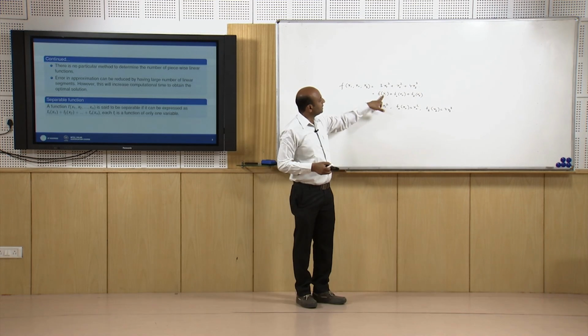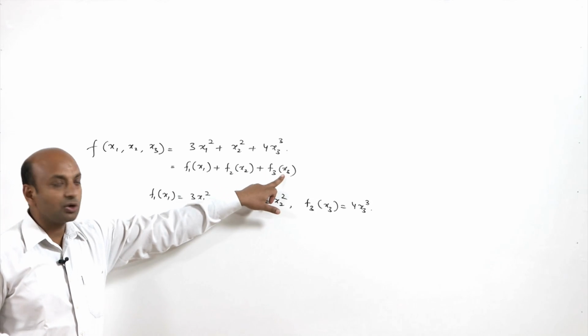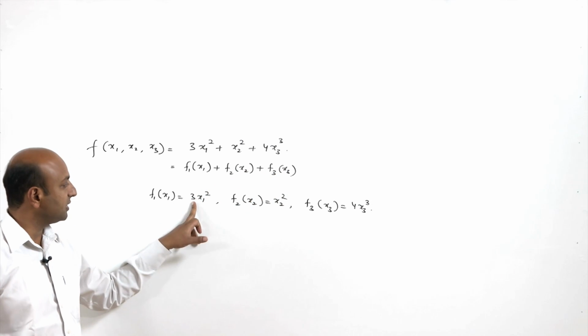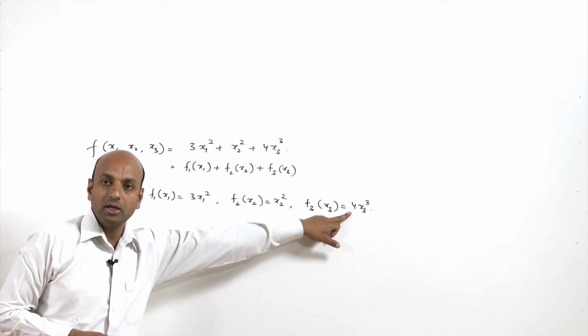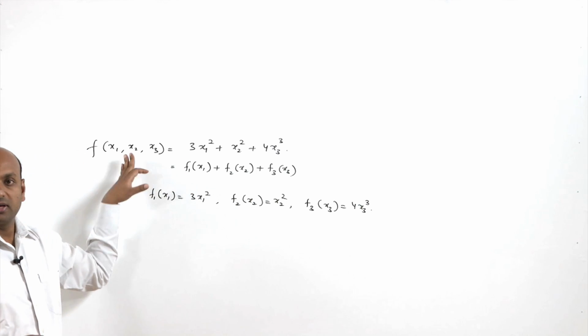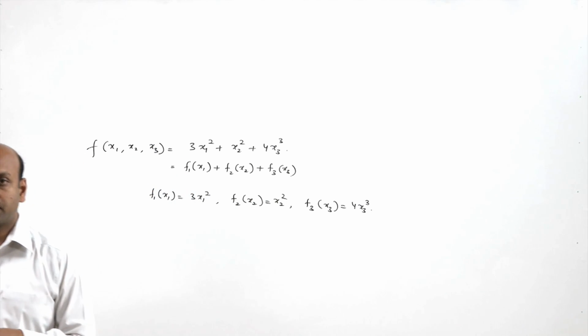So since each function is a function of only one variable, it is of x1, it is of x2, it is of x3 only, we say that this function f is separable, okay.